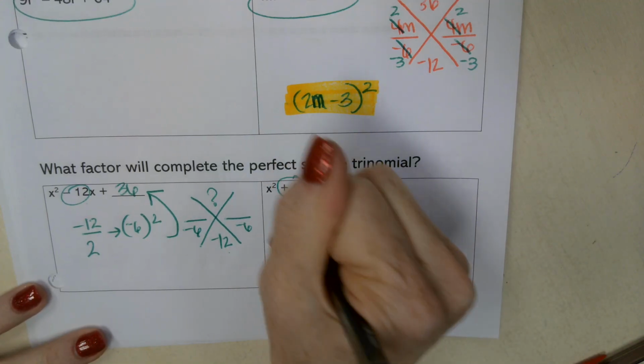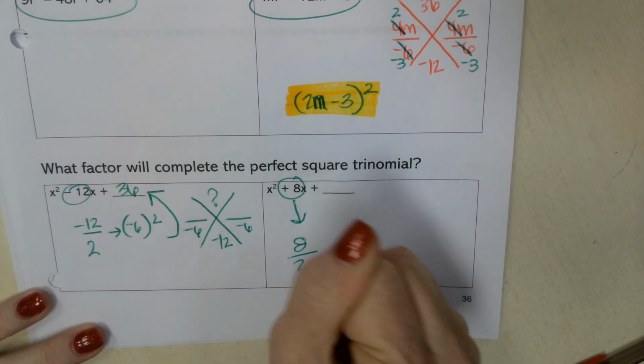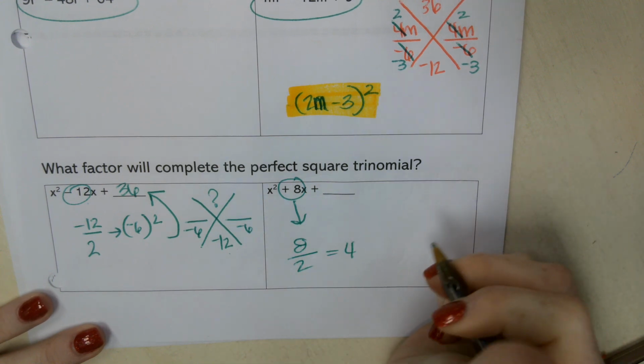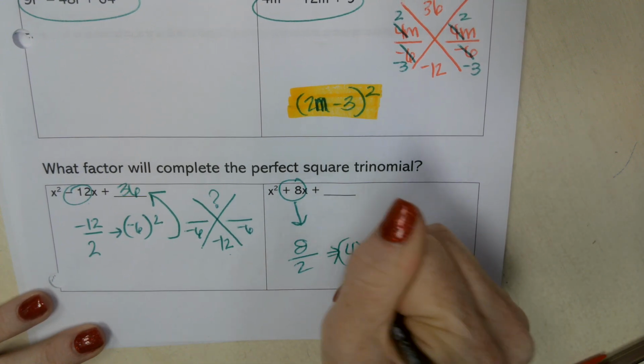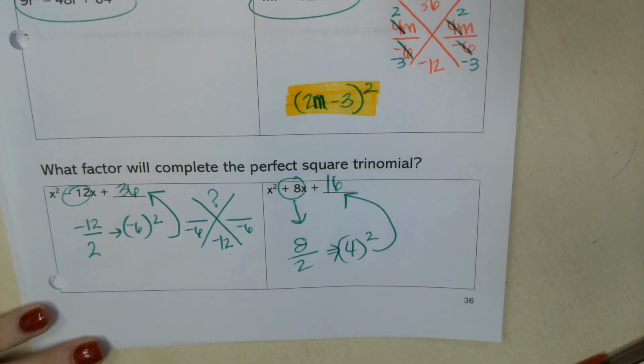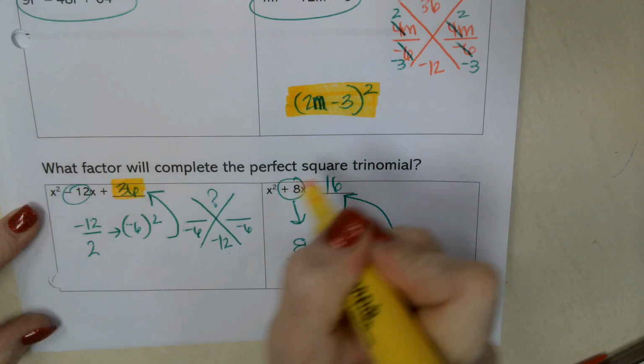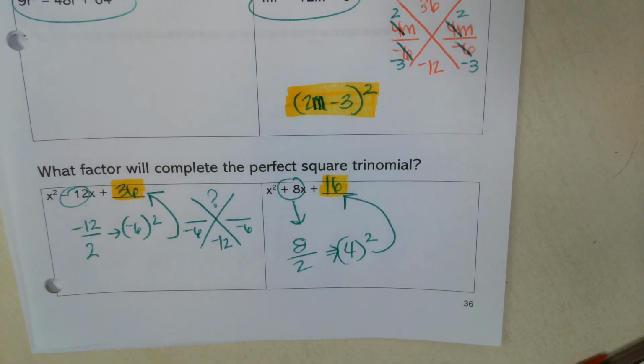All right, so this one, if I take the 8 and I cut it in half, that gives me 4. And then I will square 4, and that gives me 16. These are the numbers that I was looking for to make that a perfect square trinomial. Done.